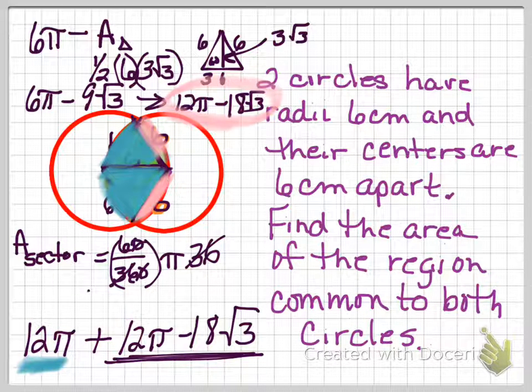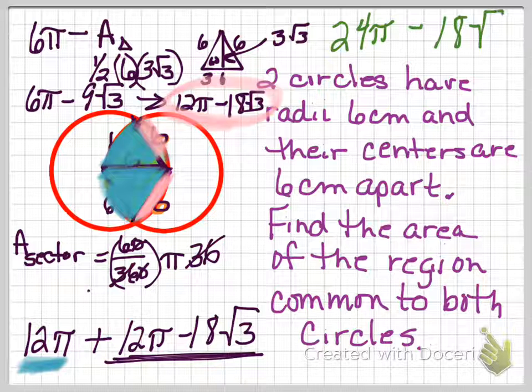My final answer right here is 24 pi minus 18 square root of 3. Whew, that one was long. But there you have it. It's not really that it's long, but you have to really think that one through. So that's the answer there.